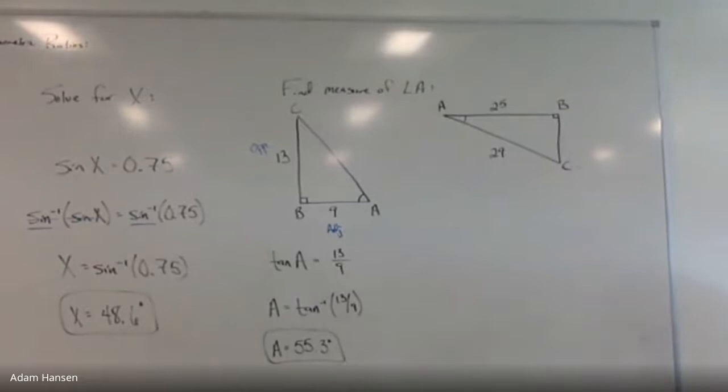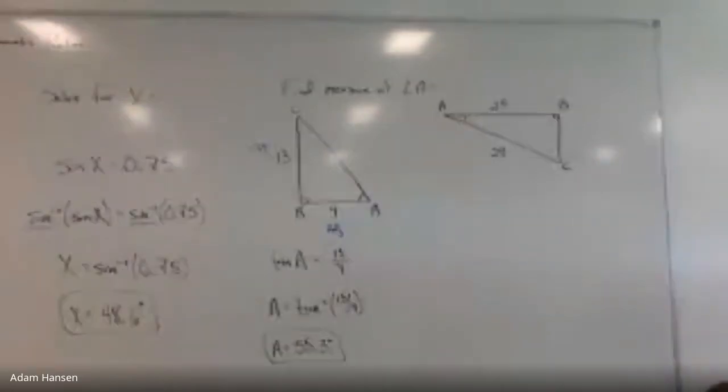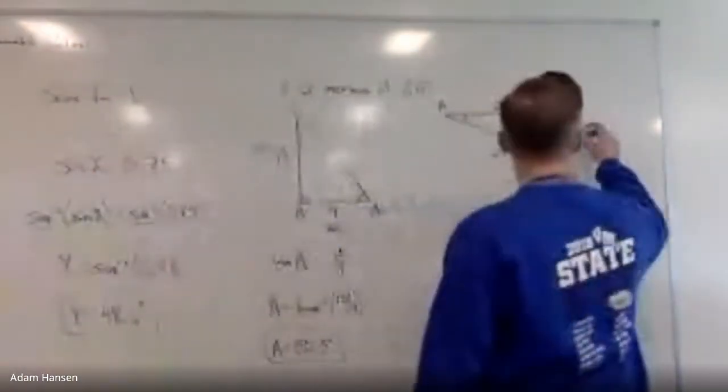Find the measure of missing angle F. Which ratio did you pick, sine, cosine, or tangent? I love it. Sounds great to me.